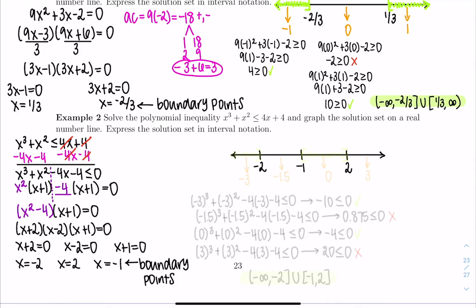And so we want to find numbers that we can test. So I'm going to pick -3 for my first one. We got to pick something in between -2 and -1, so -1.5 would work. Between -1 and 2, I'm going to pick 0, and the last interval, I'm going to pick 3.